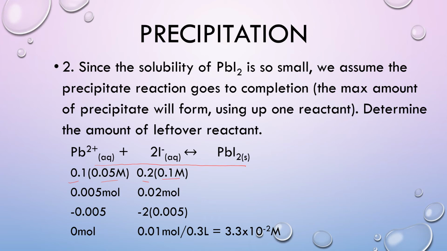So then we see that we have less lead than we have iodine. So that's the one that's going to run out, which is going to leave us with no lead left over, but it leaves us with 0.01 moles of iodine. And then I divide that by my new volume, which was, remember, we had 200 milliliters plus 100 milliliters. So that gave me 300 milliliters. And so this is my concentration of iodine that's left over.